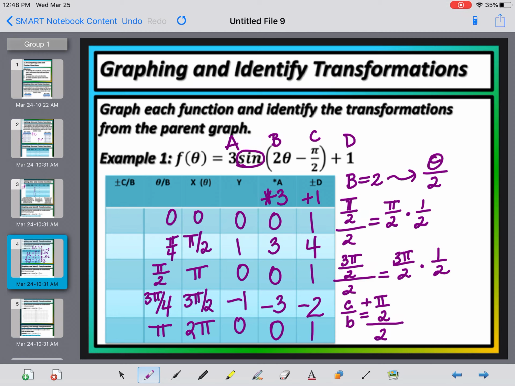That's getting divided by our B value, which means I have to multiply by the reciprocal. So my phase shift is a plus pi over 4. So I'm going to add pi over 4 to everything from that previous column.